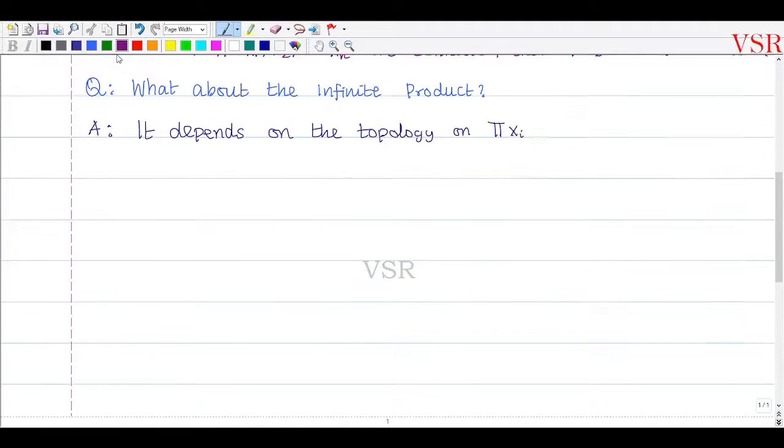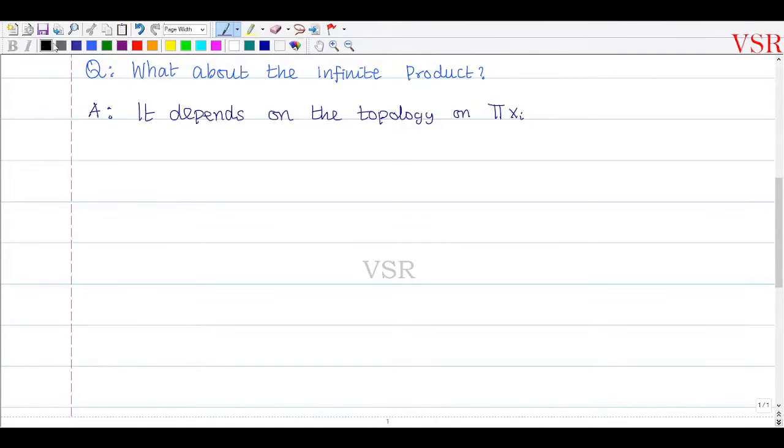Let us give an example. We know that R is connected. Now what I am going to do is take R cross R, the countably infinite product of R, which I denote R omega.